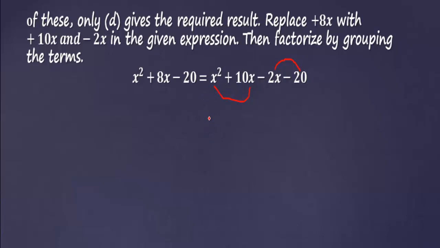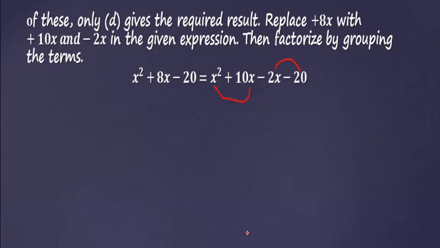You can now open the bracket to be x open bracket x plus 10, and then what is common here is minus 2, so you can say minus 2 open bracket x. By the time you change this one, because minus is outside already, it's going to turn to plus. Since you have factored out 2, you are going to see that this one is 10. So that's how we get it.